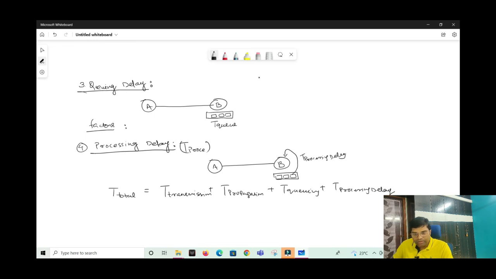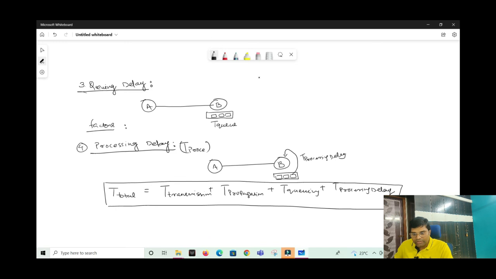This is the total delay in the network. Sometimes this total delay is also called nodal delay.